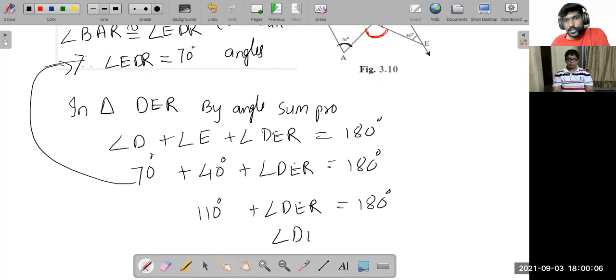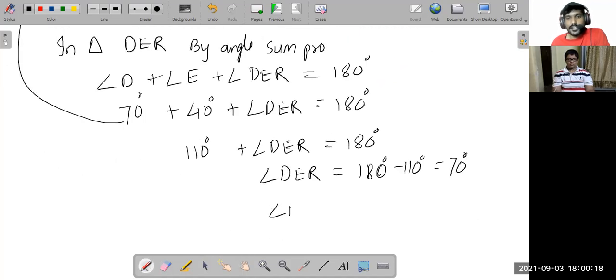Take 110 to the other side: 180 minus 110 is 70 degrees. So angle DER is equal to 70 degrees.